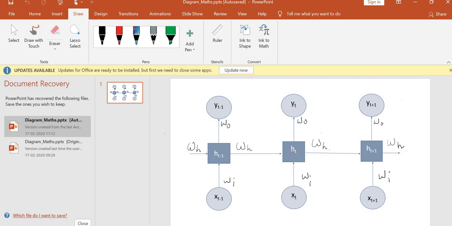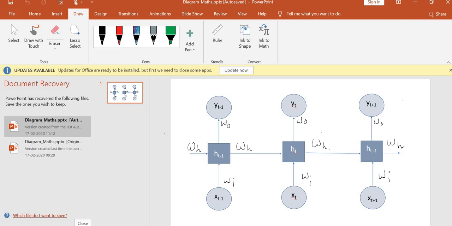As I told you, x(t-1) is the input at t-1, x(t) is the input at t, and x(t+1) is the input at t+1. y(t-1) is the output at t-1, y(t) is the output at t, and y(t+1) is the output at t+1. You can see the weights Wi at different timestamps are the same, and the weights Wo are the same.